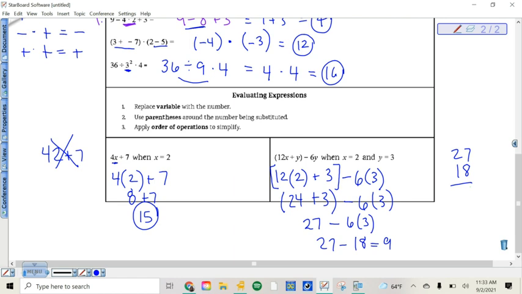What's 1 less than 28? 27. What's 1 less than 10? 9. That's how I always remember it.